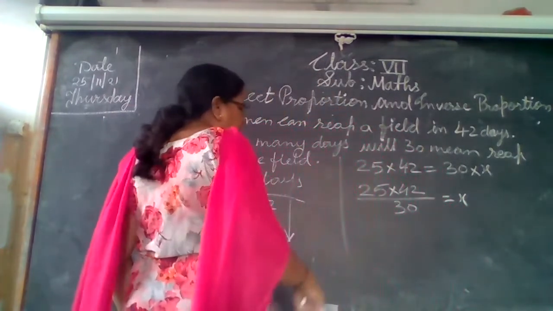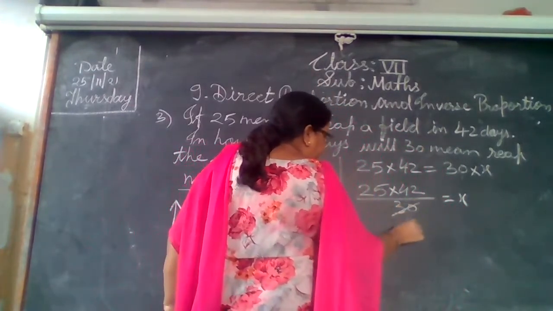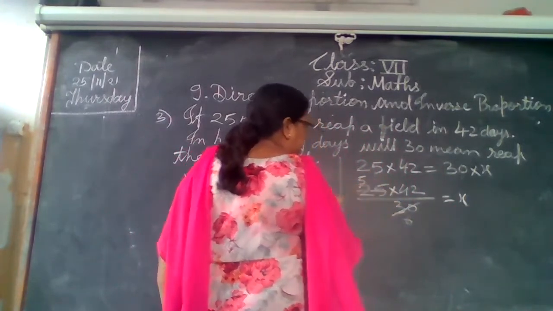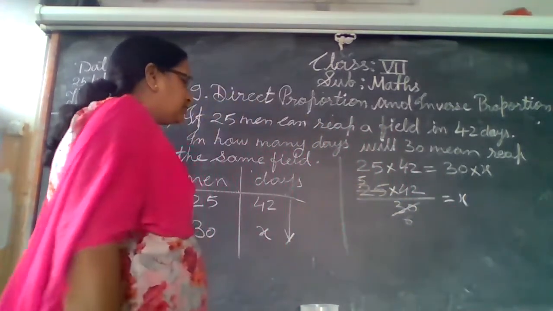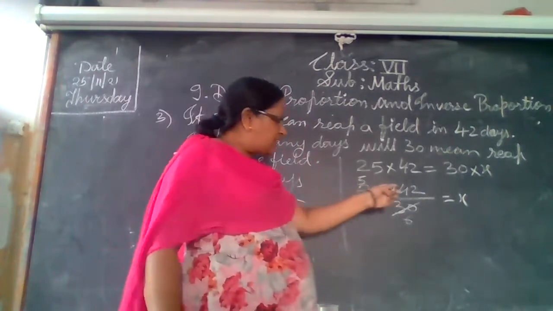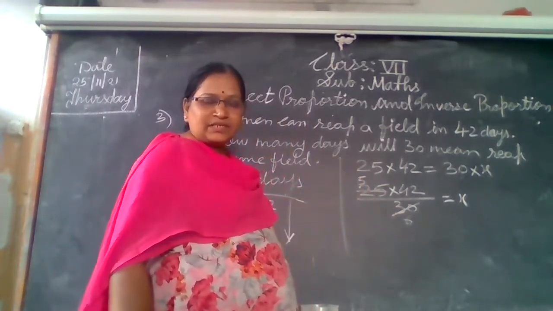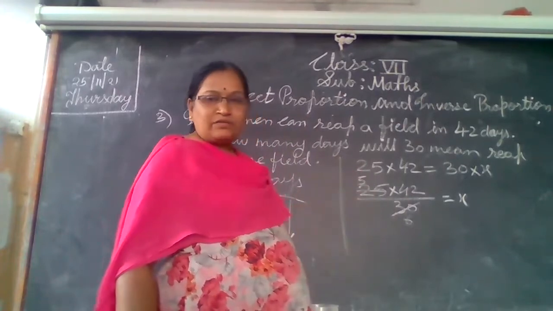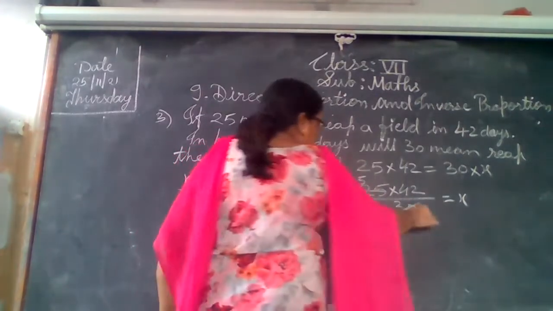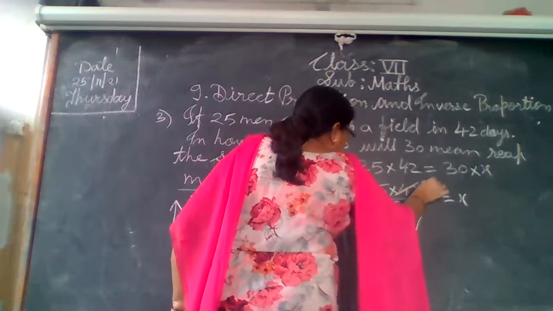Now see children, here is 42 and here is 30, and 42 and 30 are both multiples of 6. 6 under 6, 6 sevens.